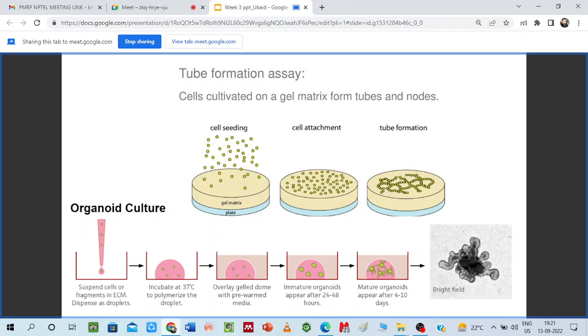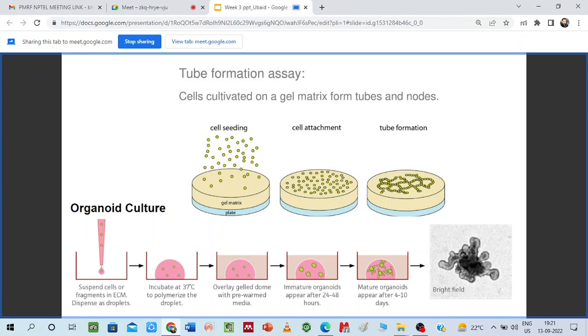This Matrigel also has the property that it provides some factors. As it is the extracellular matrix, taken from the basement membrane, it is fabricated in a gel type manner in a solution.